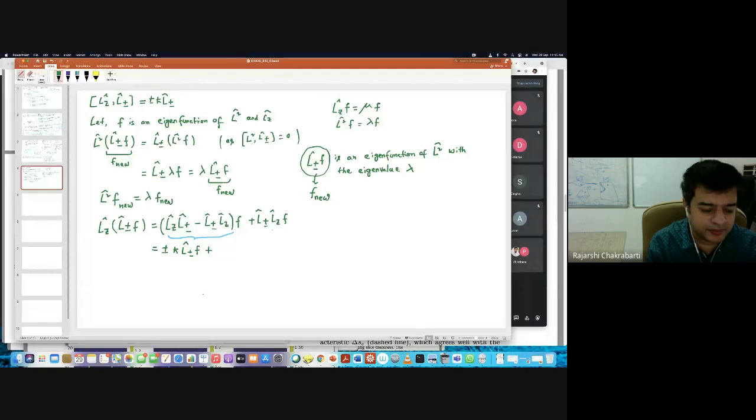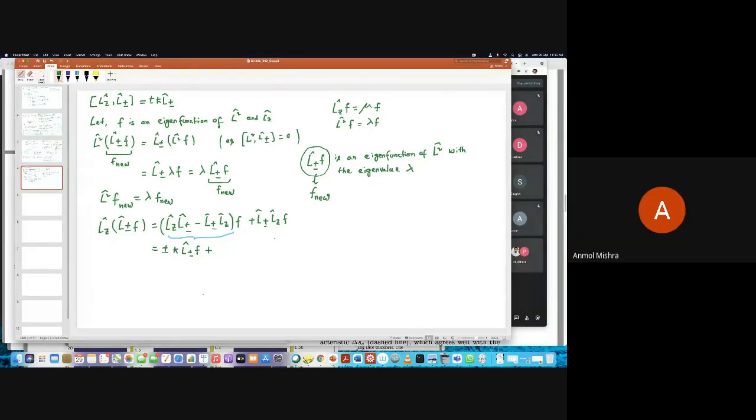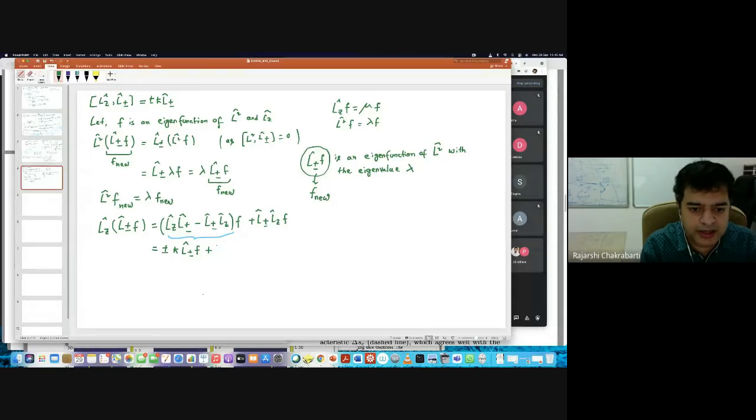Now this one, you know the answer: L plus minus mu f. Because this is L plus minus, and I know this one is, I have written somewhere, mu f, no? So this is like mu f.